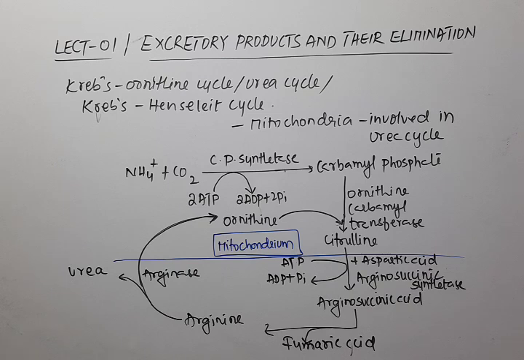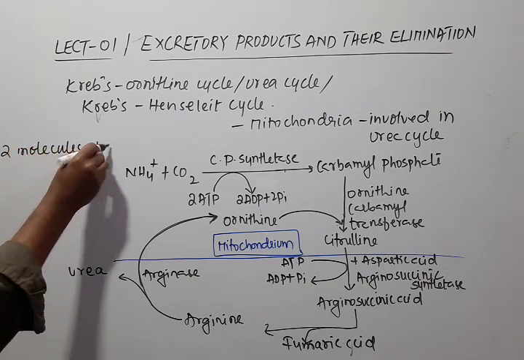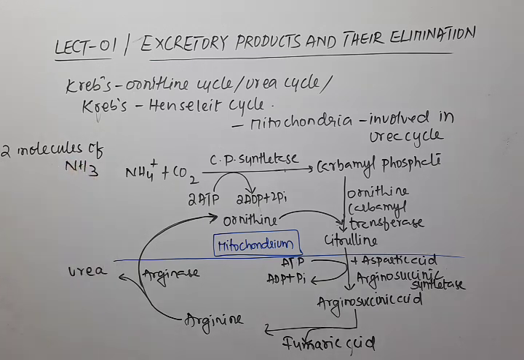So this is just a brief idea about the Krebs ornithine cycle. In this cycle, important things that we need to keep in mind is that two molecules of ammonia are involved, and it has resulted also in the usage of three ATPs and one molecule of carbon dioxide.